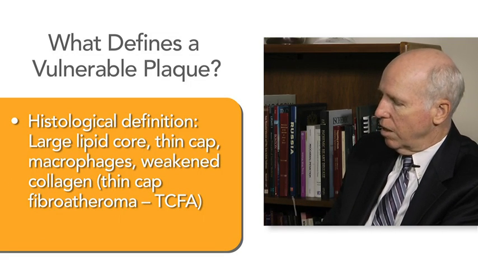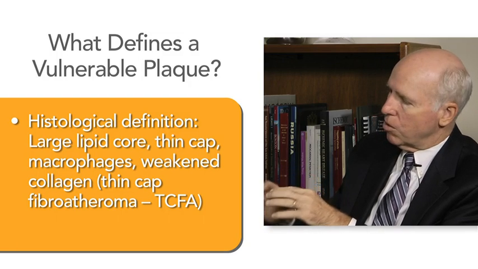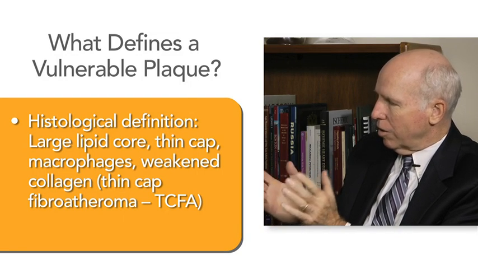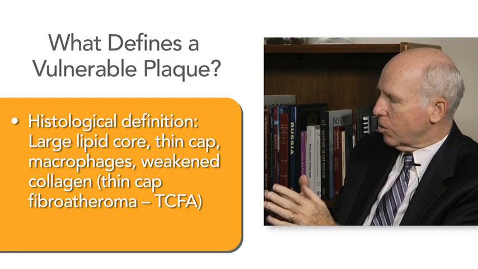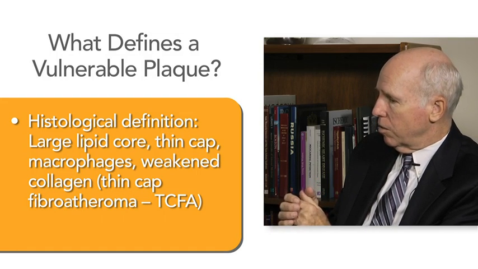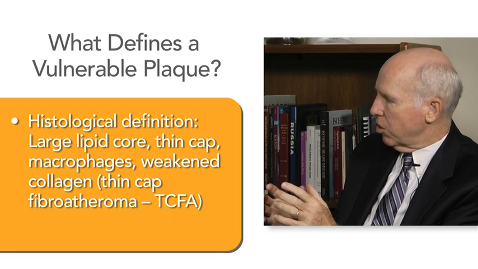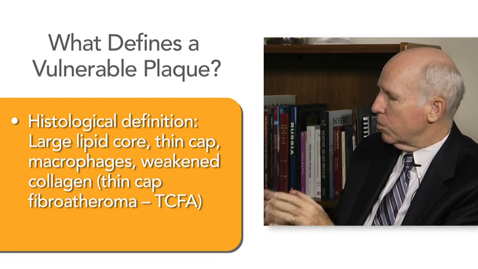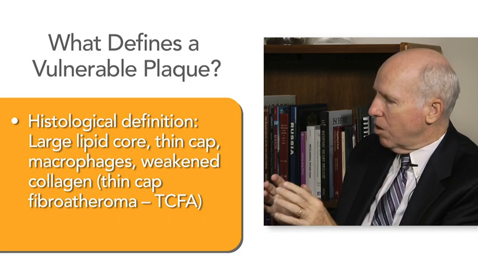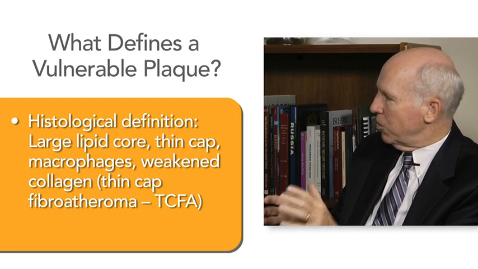Look backwards. And you see that they have a big lipid core, and they have a thin cap, and macrophages, and collagen that's weakened. And these are called thin-capped fibroatheromas, TCFAs. And those TCFAs, most people think that they are indeed vulnerable plaques. They're suspected vulnerable plaques. It's been hard to prove they are because it was hard to measure them ahead of time.